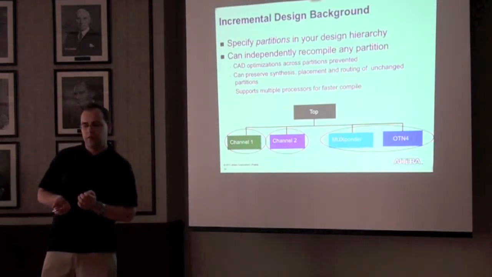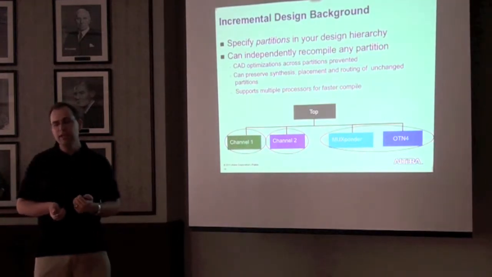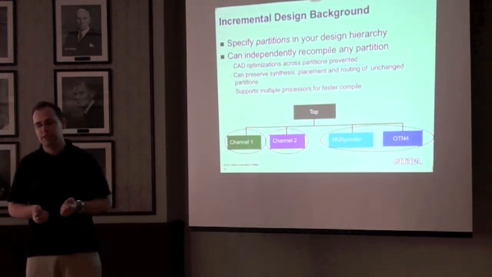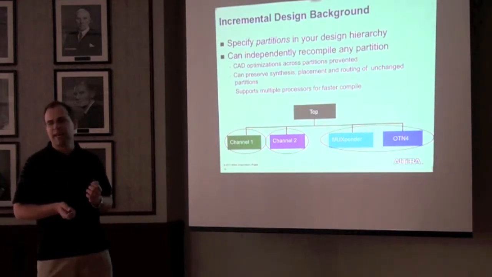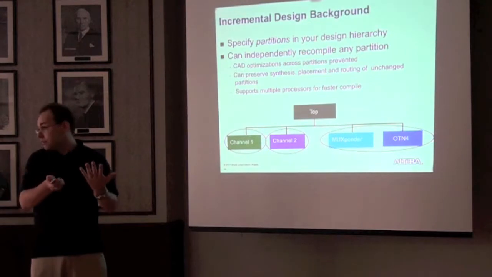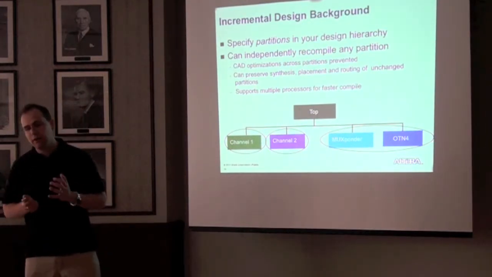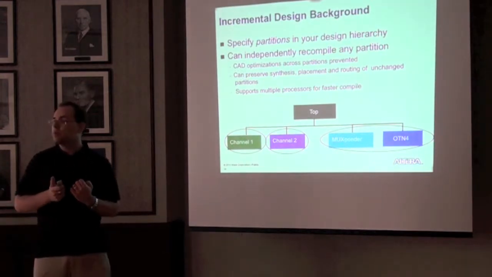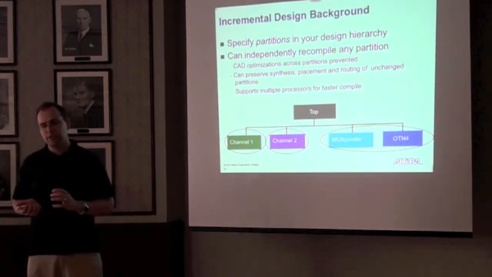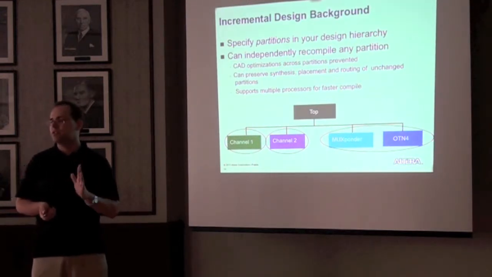The way that Quartus handles incremental compile is that we provide the ability to independently recompile any partition. What this means is that CAD optimizations across partitions are prevented, because that would clearly violate the ability to independently recompile them. And when you recompile a partition, all the other partitions are imported, and that means that the synthesis, placement, and routing is preserved exactly.